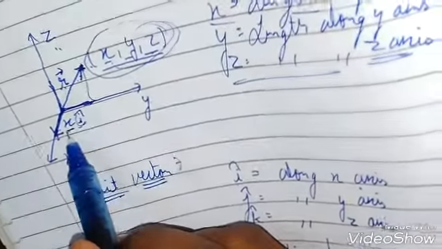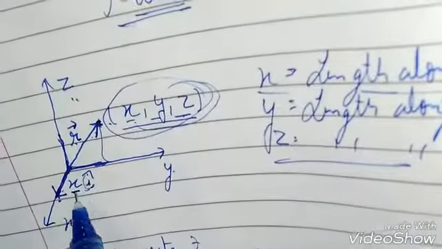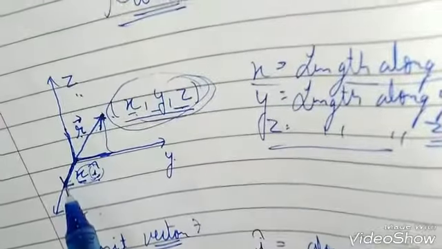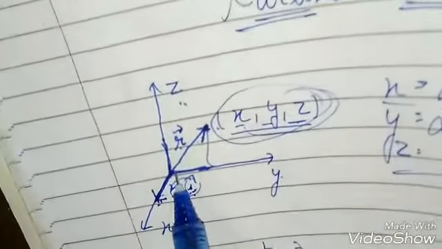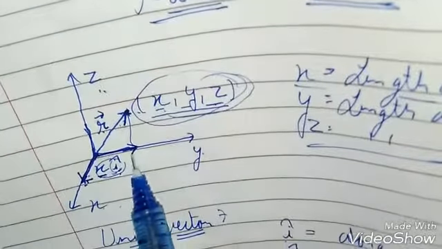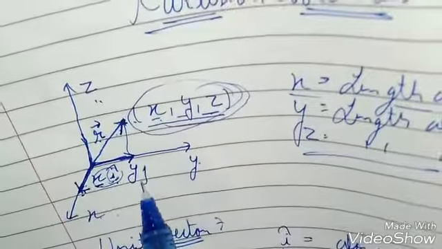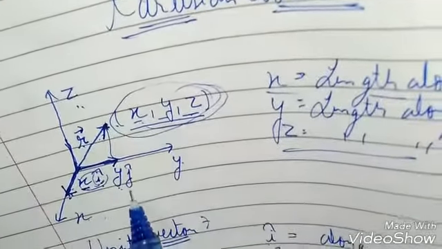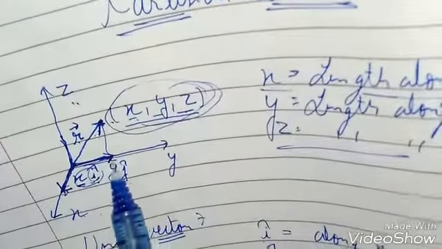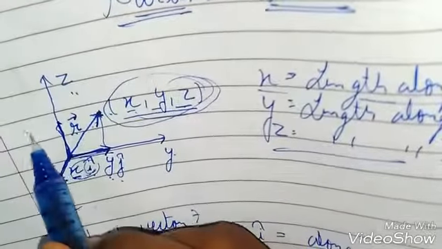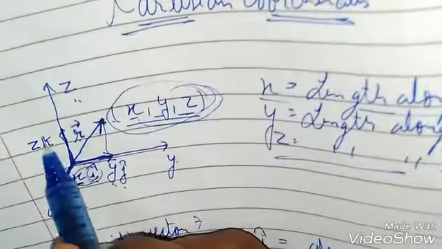As we have multiplied magnitude with some direction, this complete quantity is now a vector quantity along the x-axis. Similarly, along the y-axis we will write it as y j cap. Along the z-axis it is z k cap.